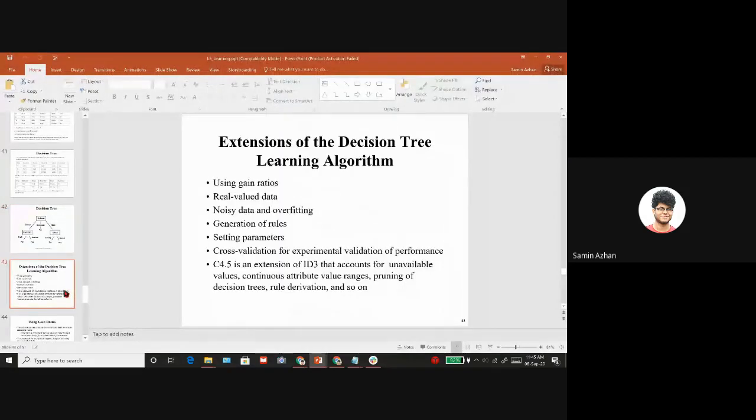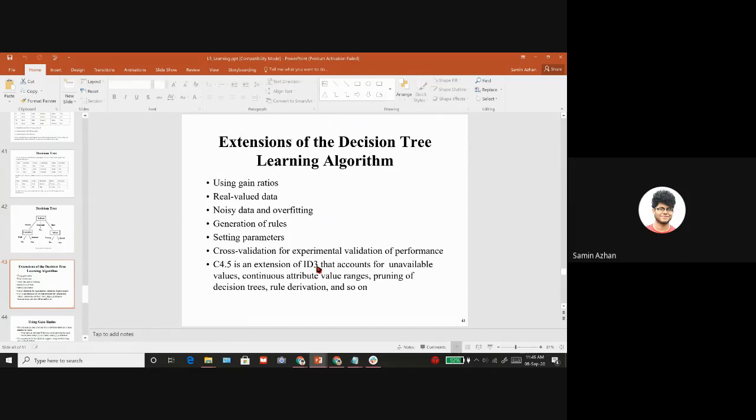All right, so moving on. So the next part says that there can be extensions of the decision tree algorithm. The algorithm we followed is called ID3, and there's an issue with this algorithm.